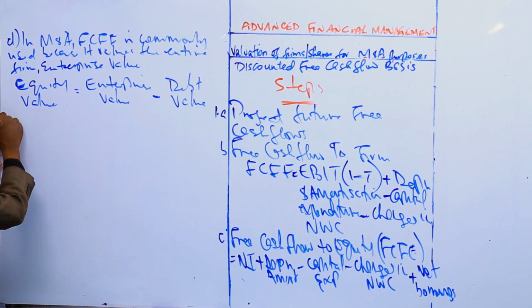That's very important. Then moving on to E, we have projections.